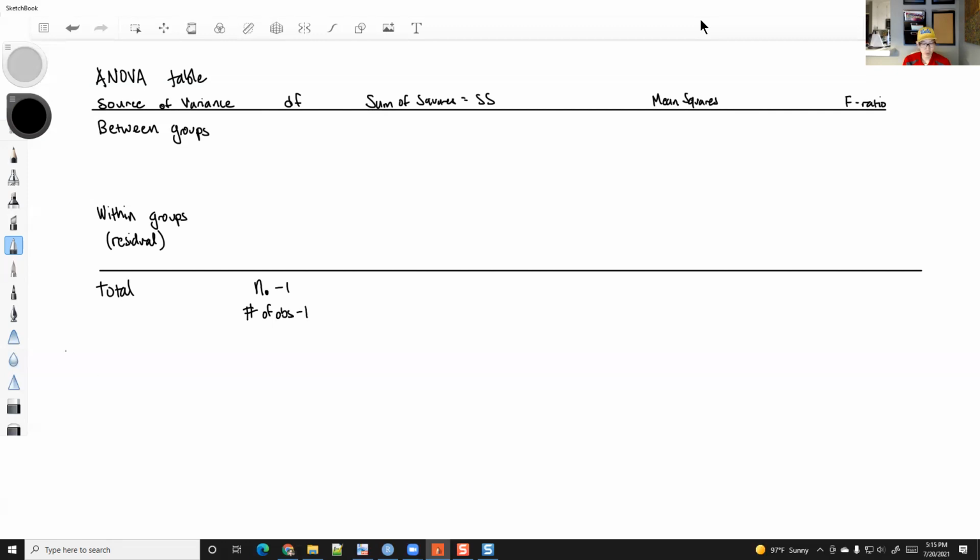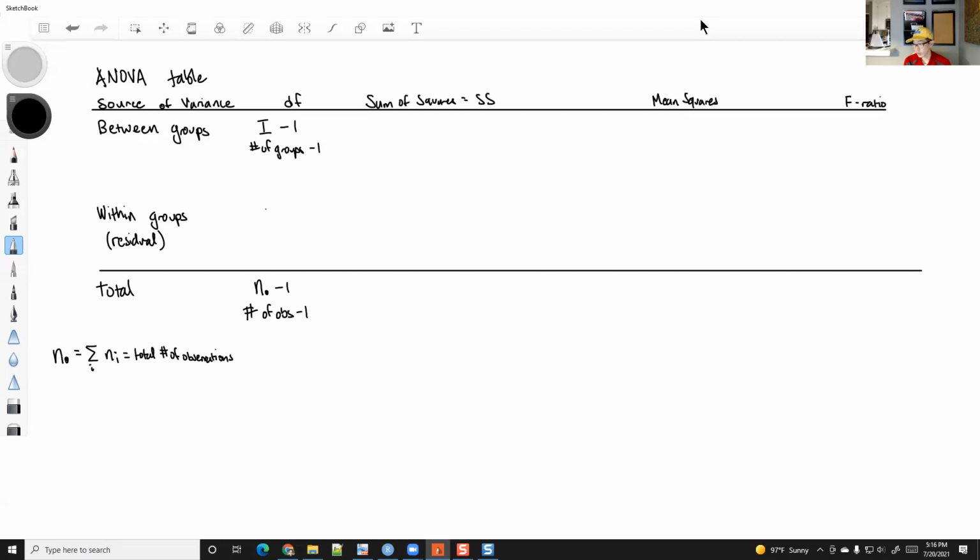I'll just do a side: n dot is equal to the sum of the ni's, the total number of observations in the raw data. Okay. The degrees of freedom between the groups is I minus 1, which is the number of groups minus 1.